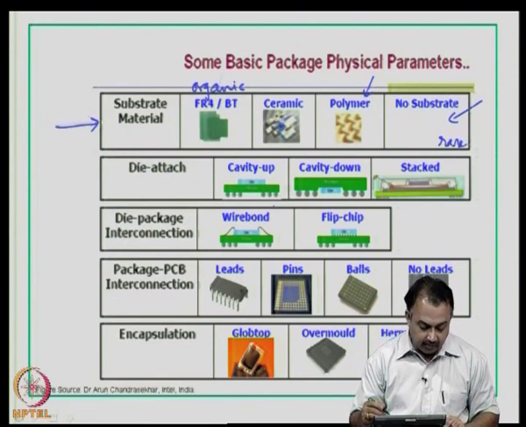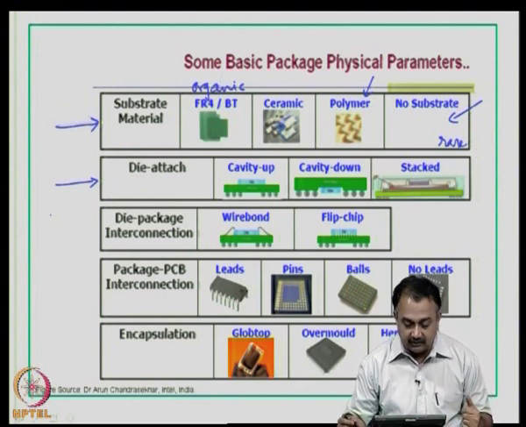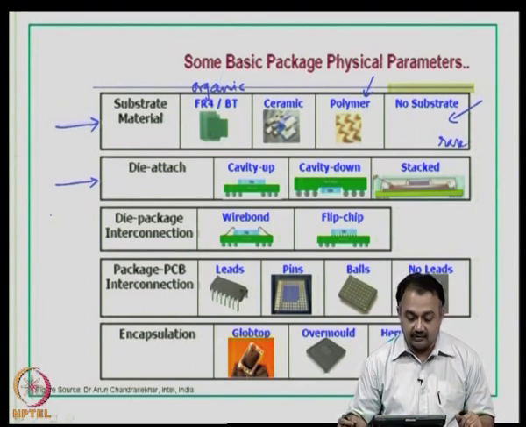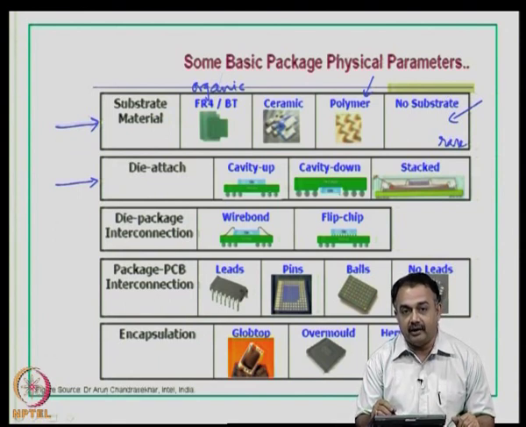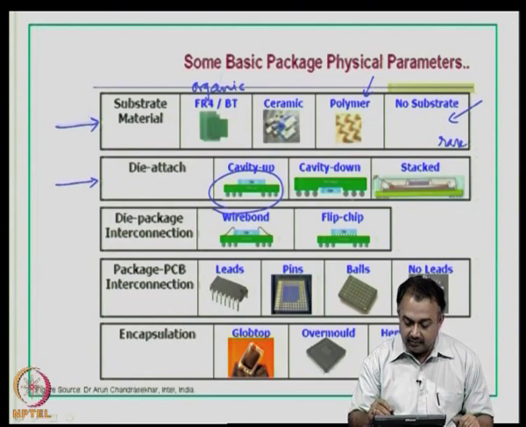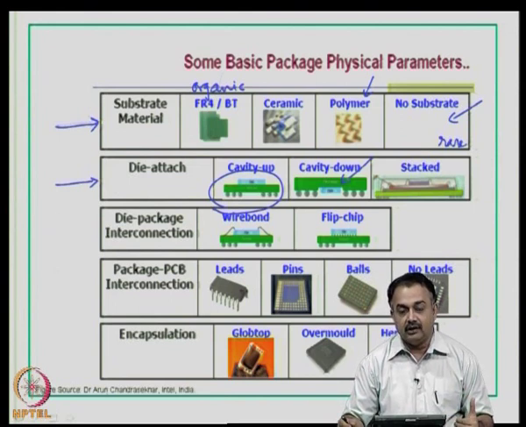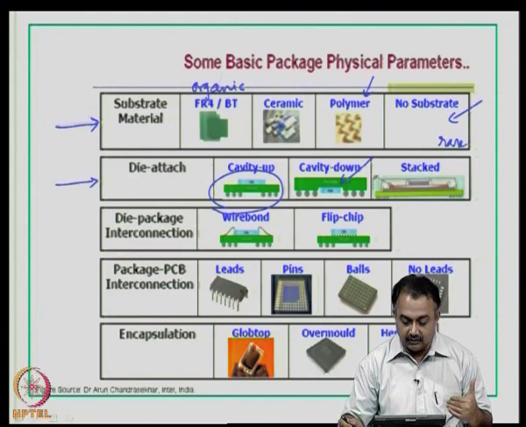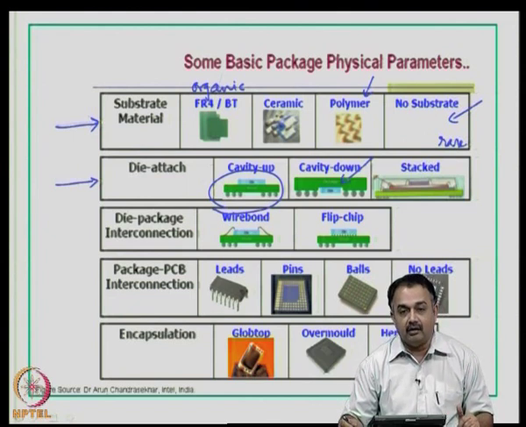Now, the second point that you have to look at in terms of the components of the package is, what is the type of die attach? Is the cavity up or is the cavity down to house the bare die? This particular configuration is very typical of a BGA, and this could also be a BGA, but here you can see that the cavity is down and the die is closer to the solder balls than away from the solder balls in the case of a cavity up configuration.